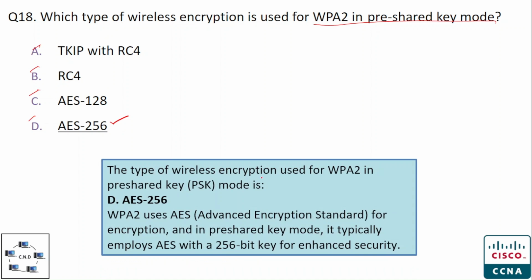So the type of wireless encryption used for WPA2 in pre-shared key, that is PSK mode, is AES-256. WPA2 uses Advanced Encryption Standard for encryption, and in pre-shared key mode it typically employs AES with a 256-bit key for enhanced security.